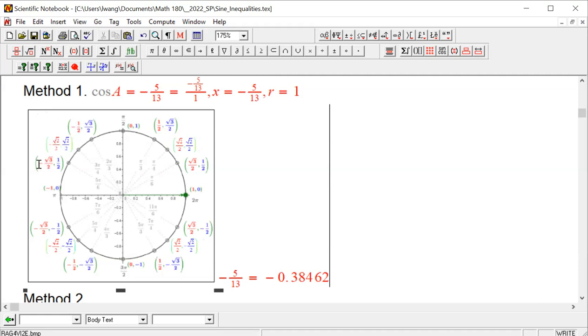So this is a negative, it's larger than that, right? So the cosine value here is getting smaller and smaller. And so this is larger. Therefore, the terminal is most likely to be here. Okay?